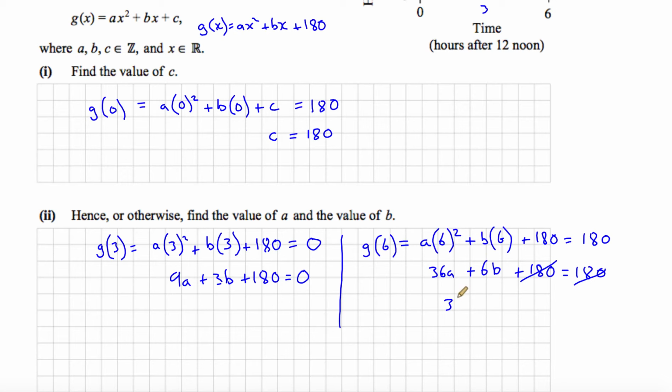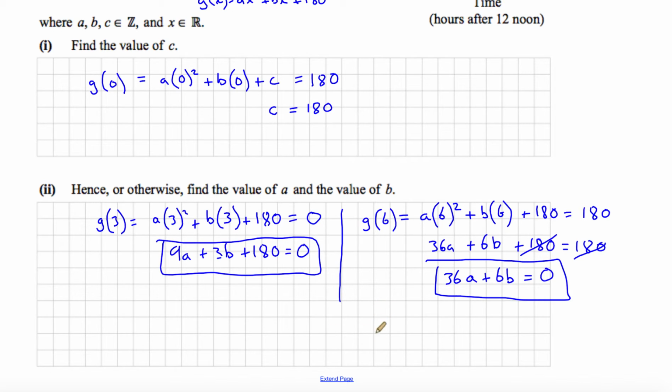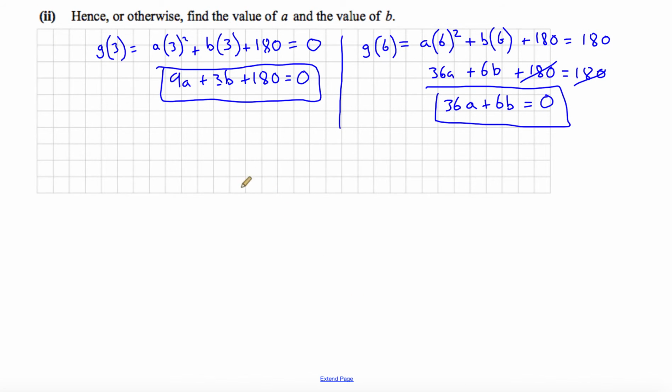That gives me 36a plus 6b equals 0. Now I'm going to bring this equation and this equation together and solve simultaneously.